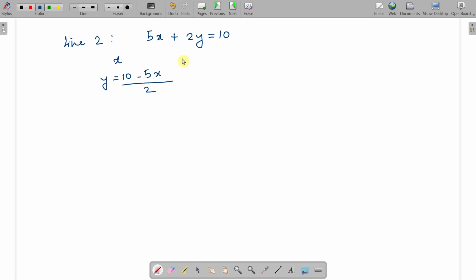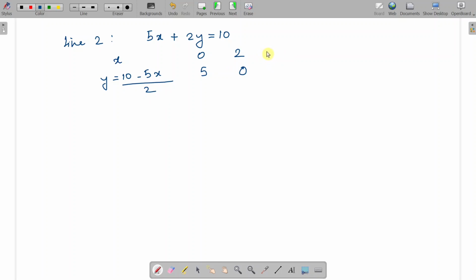Okay, so if we take x equal to 0 here, we will get 10 by 2, which is 5. Then if we take x equal to 2, we will get 10 minus 10 divided by 2, that is 0. If we take x equal to 4, so 10 minus 20 divided by 2, that is minus 10 by 2, which is minus 5, right?